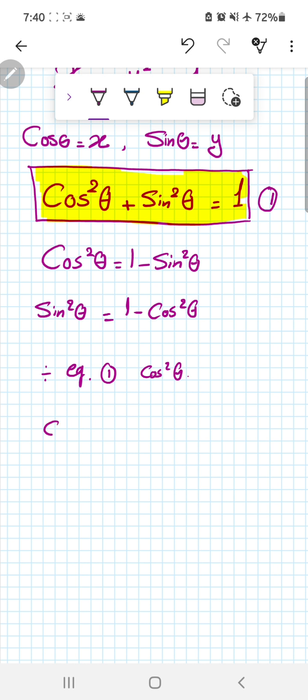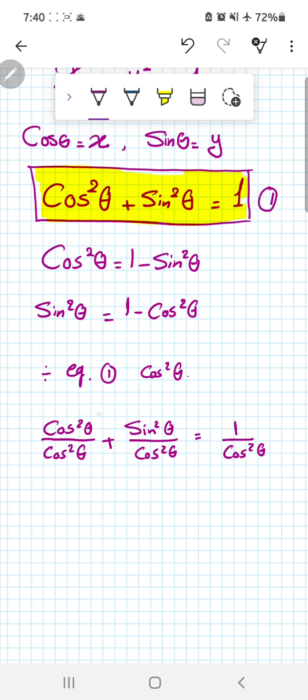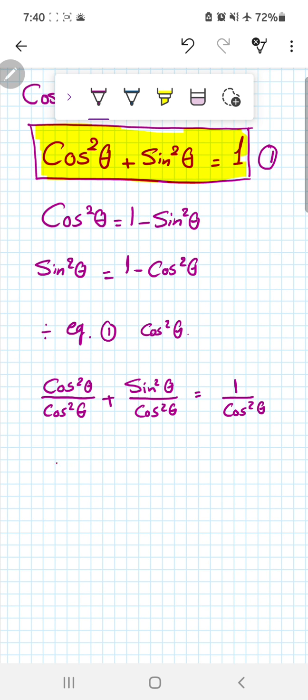We have cosine power 2 theta divided by cosine power 2 theta, plus sine power 2 theta over cosine power 2 theta, equals 1 over cosine power 2 theta. Cosine power 2 divided by cosine power 2 equals 1, plus sine power 2 over cosine power 2.